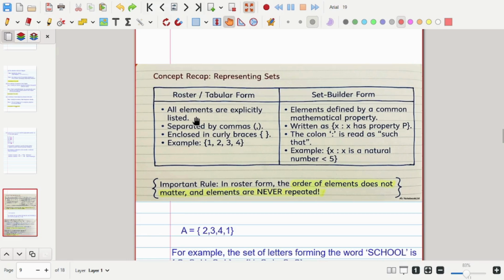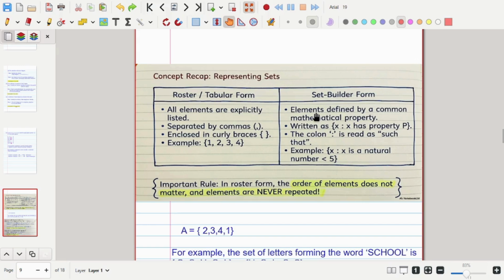All elements are explicitly listed, separated by commas, and enclosed in curly braces. So this is a roster form. Elements means 1, 2, 3, 4, and the elements are separated by commas: 1, 2, 3, 4.